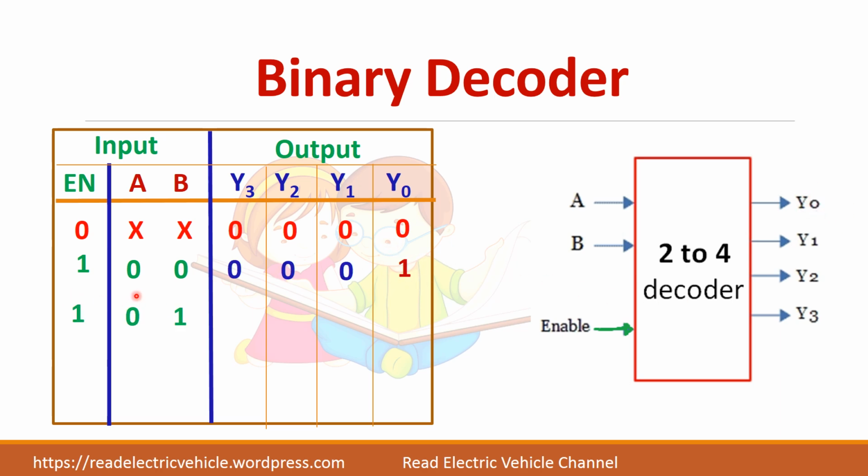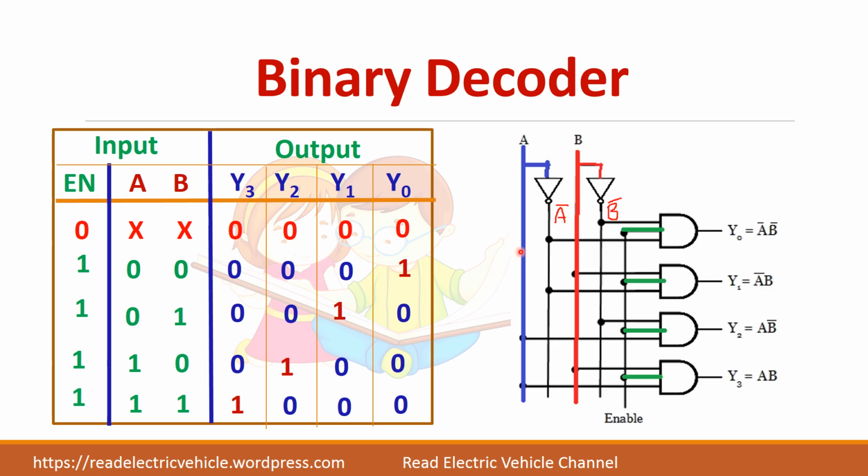If my input is 0, 1, the output will come through Y1. If my input is 1, 0, Y2 will produce the output. And if the input is 1, 1, Y3 will produce the output. So at any time, only one output will be high.